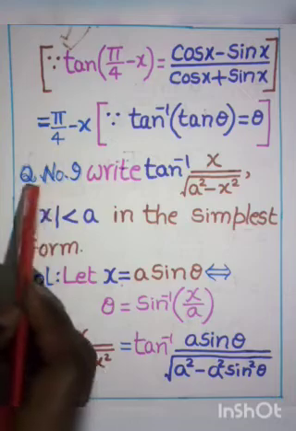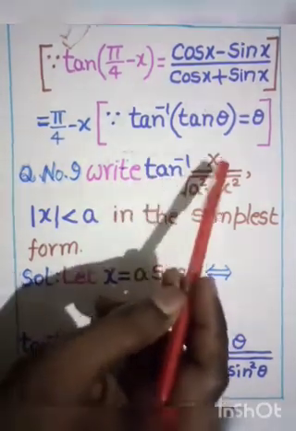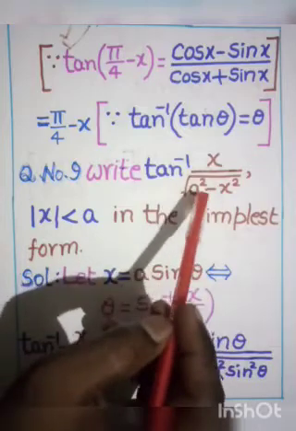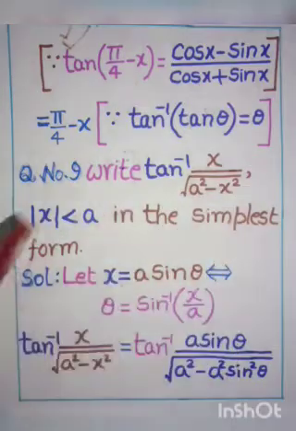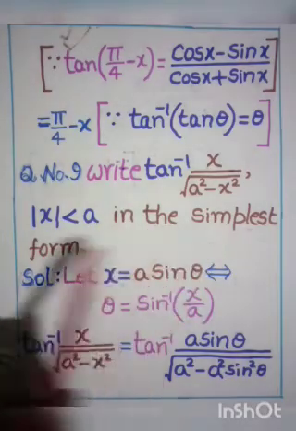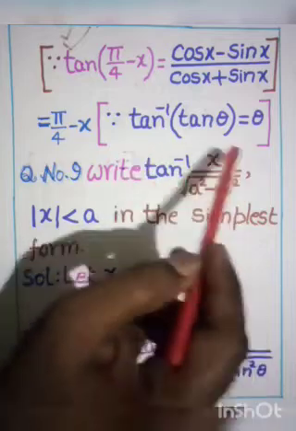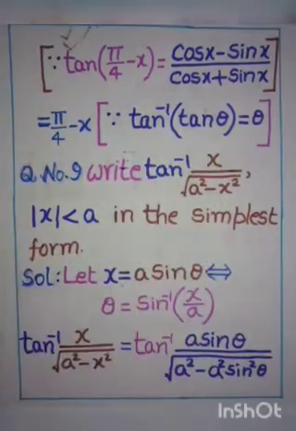Right. Now come to question number 9. Write tan inverse of x by square root of a square minus x square, mod x is less than a, in the simplest form. Here we have to write this inverse trigonometric function in the simplest form by substituting a suitable trigonometric function.